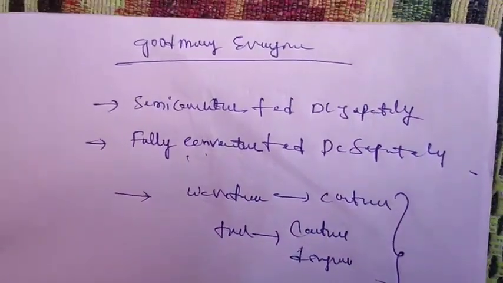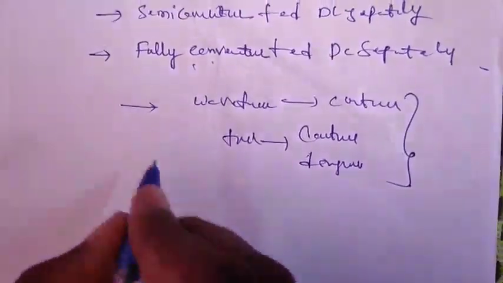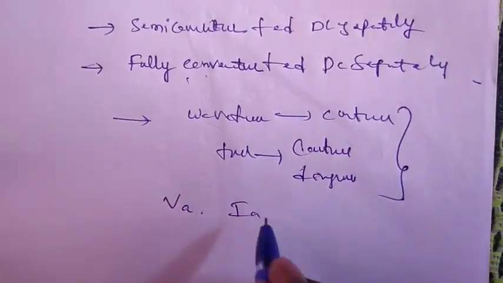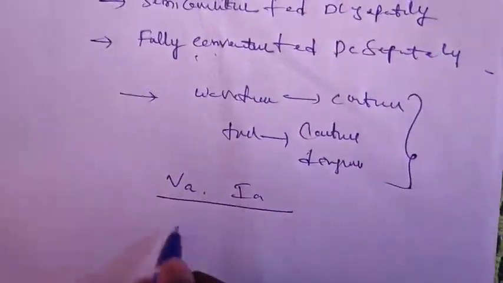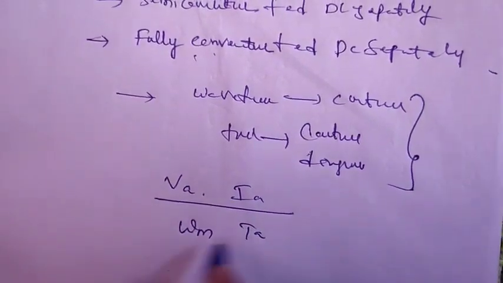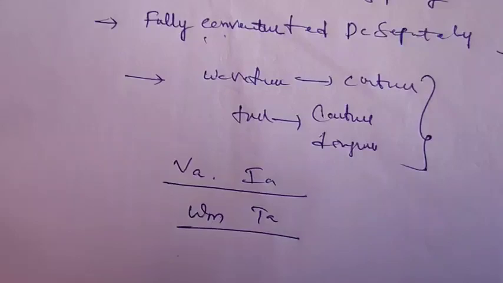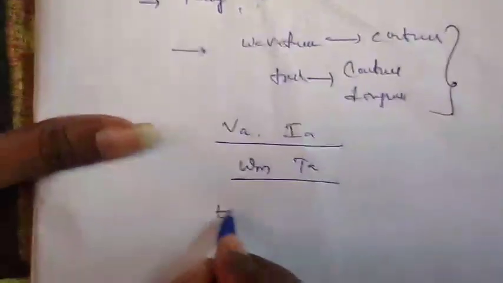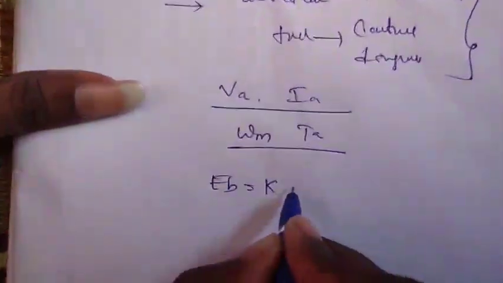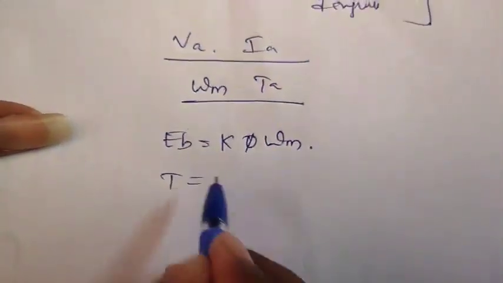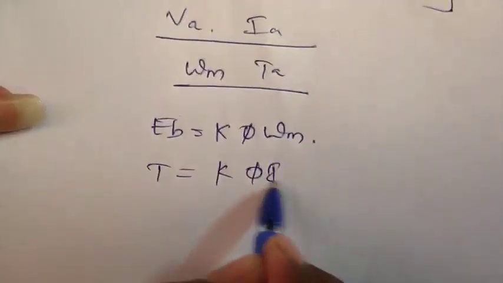After discussing these topics, we can derive the average values of VA and IA, and the speed and torque equations. The back EMF EB is equal to some constant K into phi into omega m. In a similar way, the torque is equal to some constant K into phi into IA.